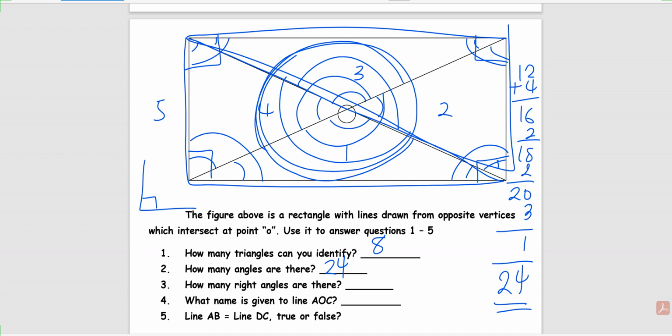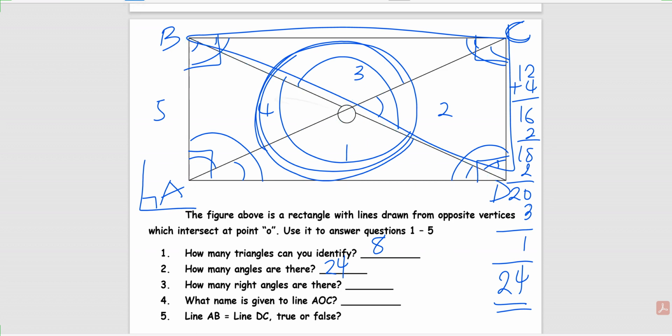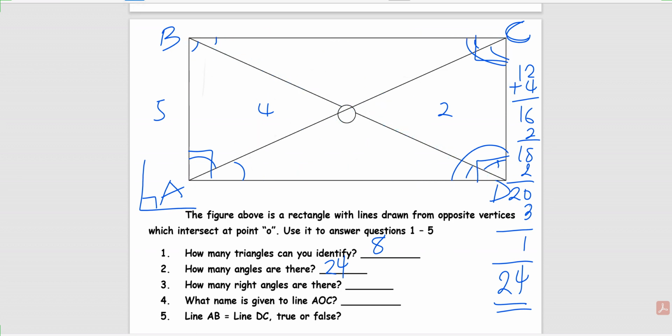Now, what is the name given to line AOC? This is line A, O is in the middle, and C is here, because this is A, B, C, and D. So line AOC, let me show this properly so that you can see it well.